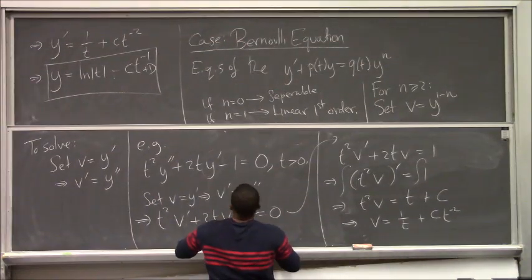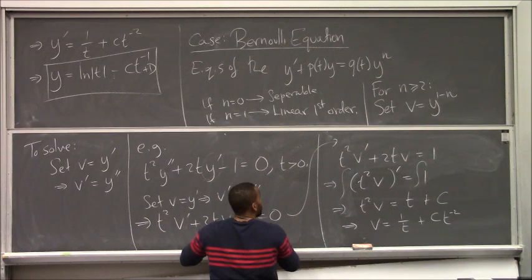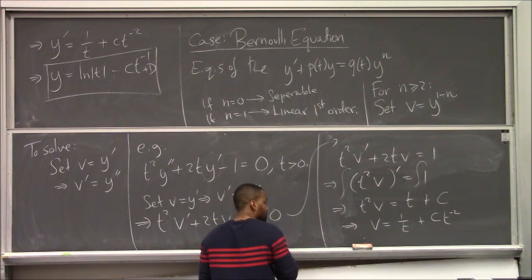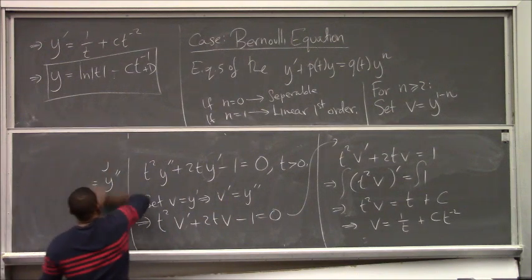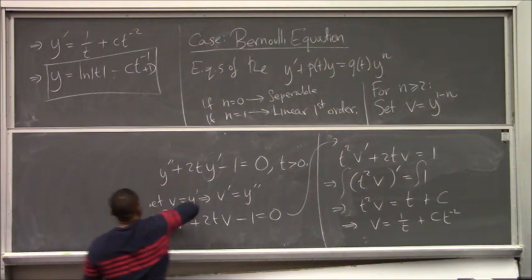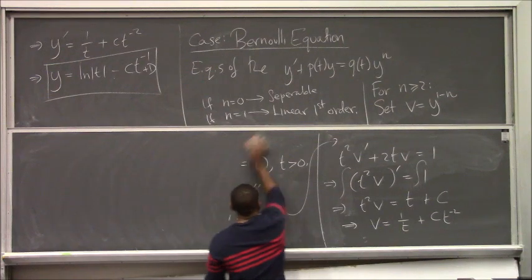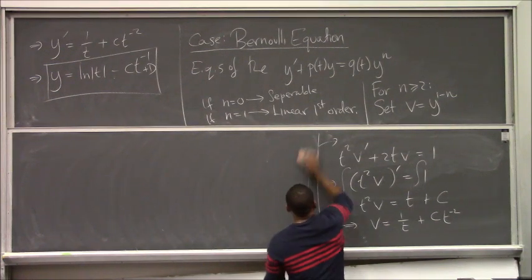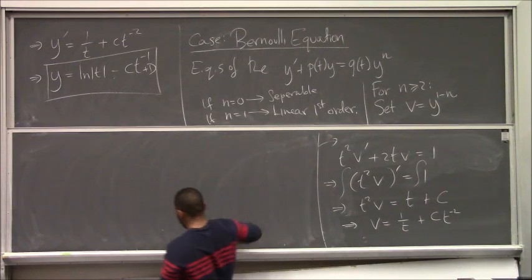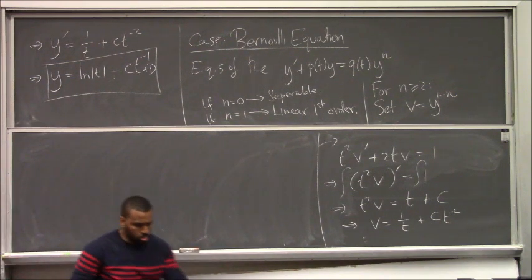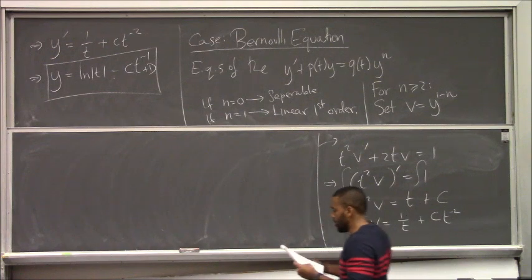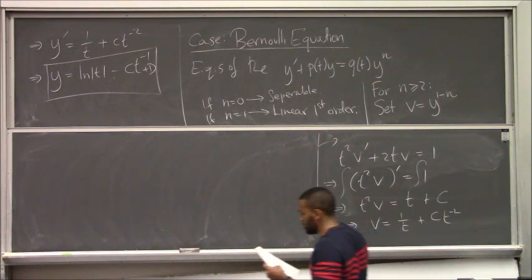Seems like a very strange thing to do, but let's actually see what's going to happen. Maybe I can jump to the next one and show you how that substitution actually plays out.